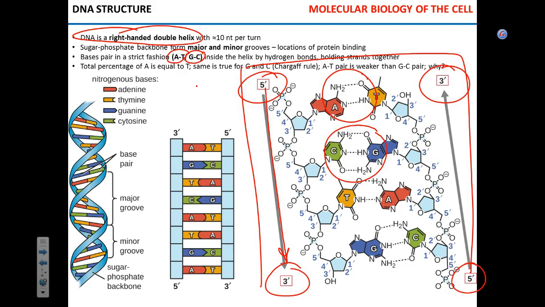Actually, here's the model. Fairly poor model, but that's the best we have. Model of the DNA molecule. So you see nitrogenous bases. There's a really long, like blue, yellow, red, and green. Okay.